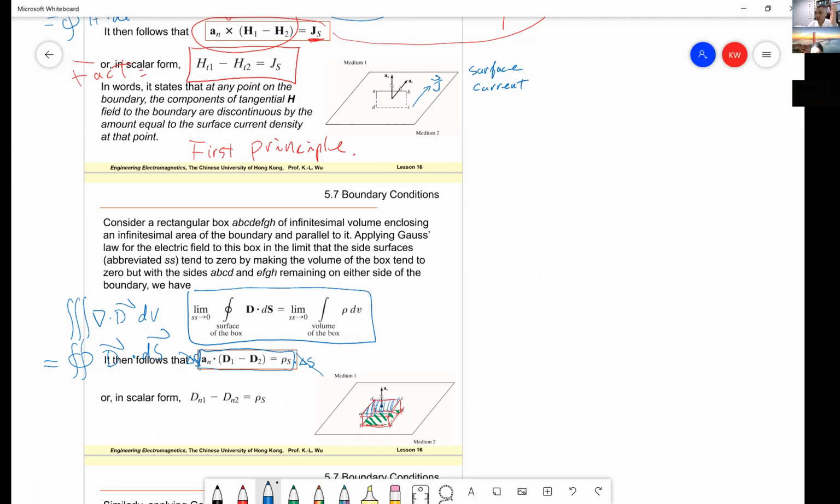Why is it the normal component? Because it is an dot D, so it doesn't matter what the D direction is.